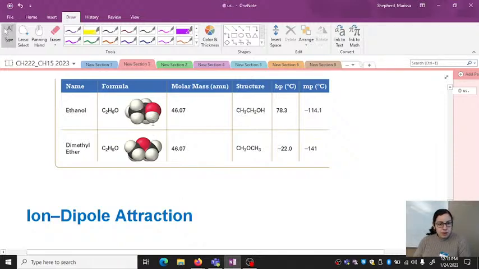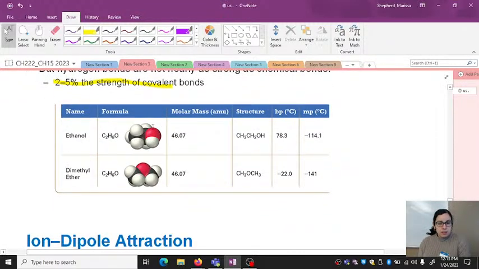And so now we're comparing ethanol versus dimethyl ether. So ethanol has an OH group. So I'll just redraw. So here's ethanol versus that dimethyl ether, which just has the oxygen in the center.